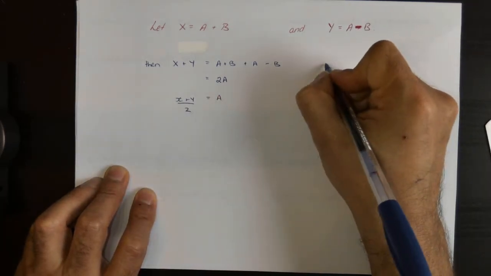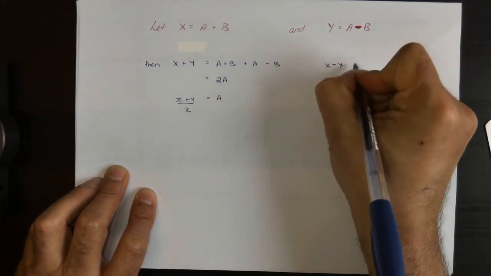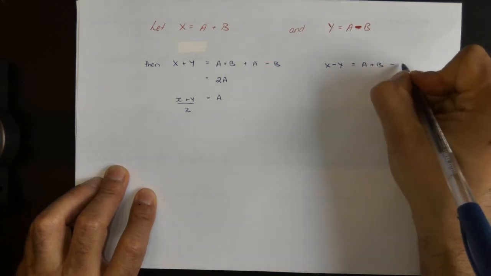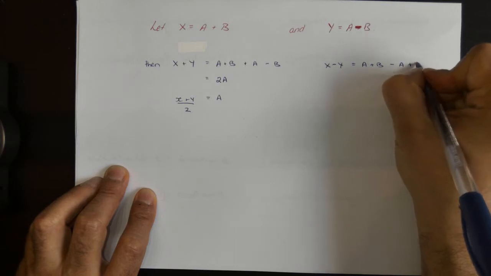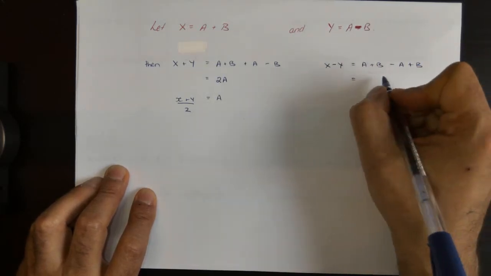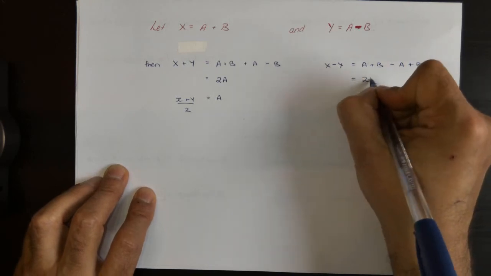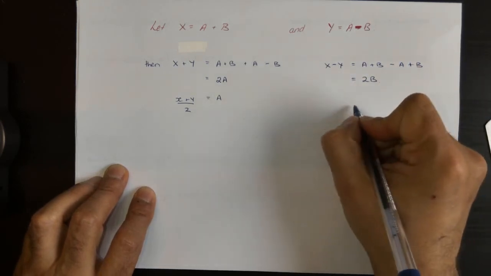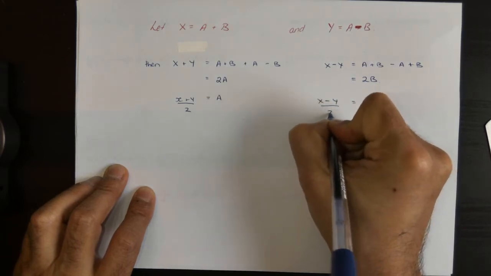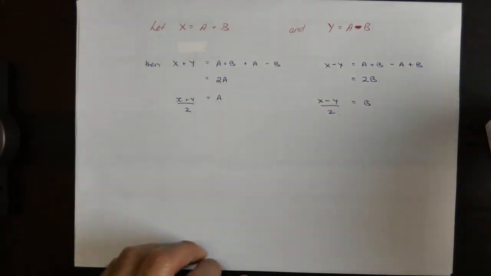And if we want to do x minus y, we've got a plus b minus a plus b, because two negatives become positive. So the a's cancel out and we get 2b. And so b is x minus y over 2.